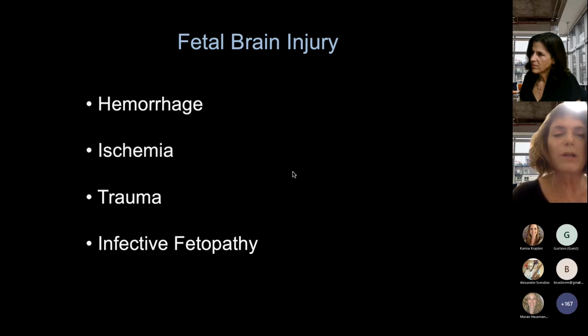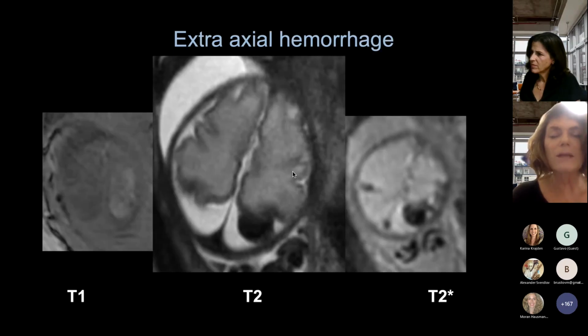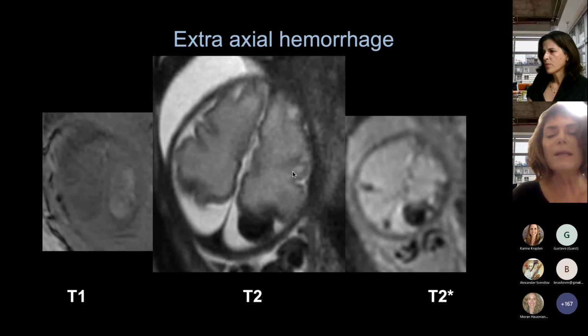So what we're going to talk about now is ischemia. And as Daphna has shown, in this case, MR has the capability of seeing beyond just echogenicity. We can really see the tissue characterization.